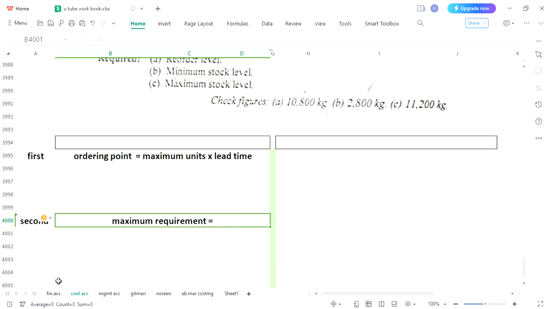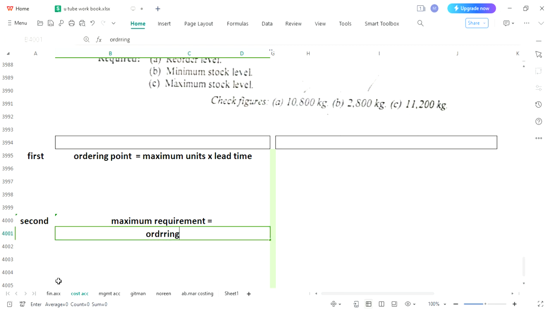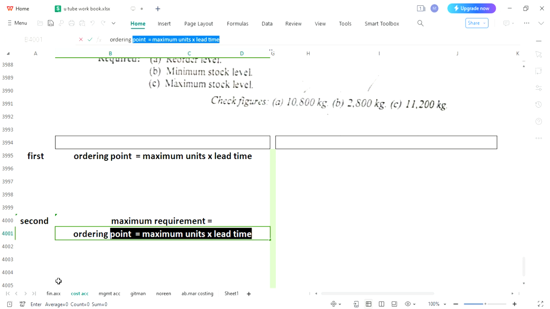So what you need is the ordering point, and you need to subtract your minimum units, then multiply it with its own lead time.